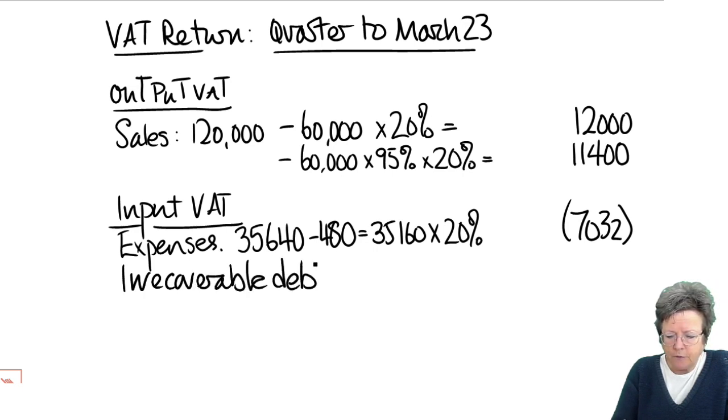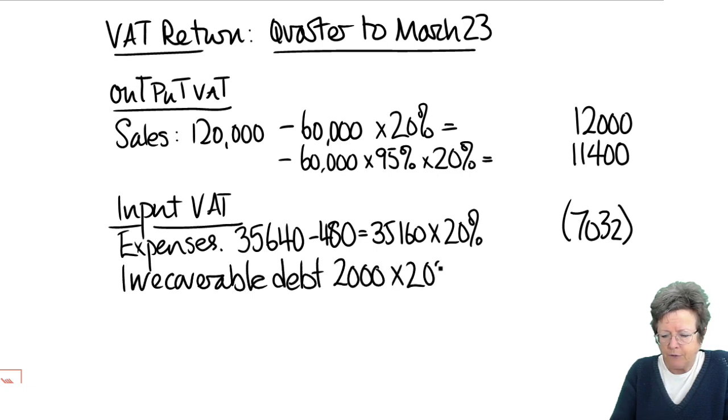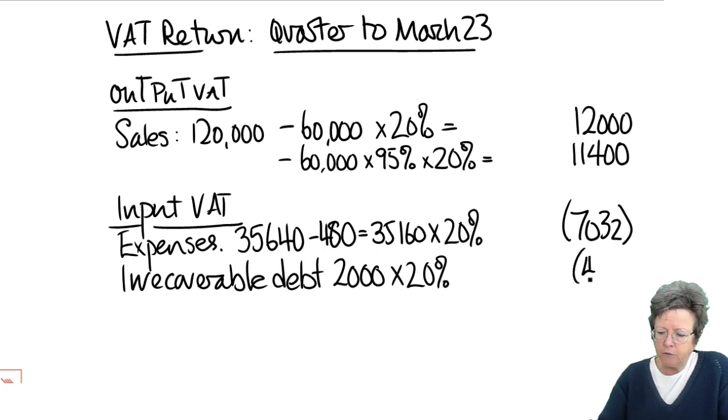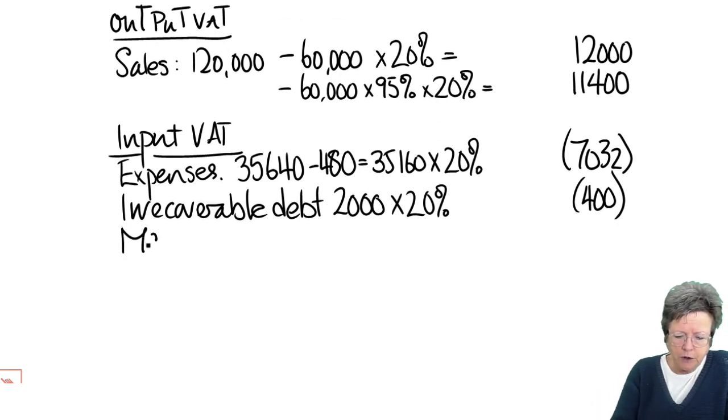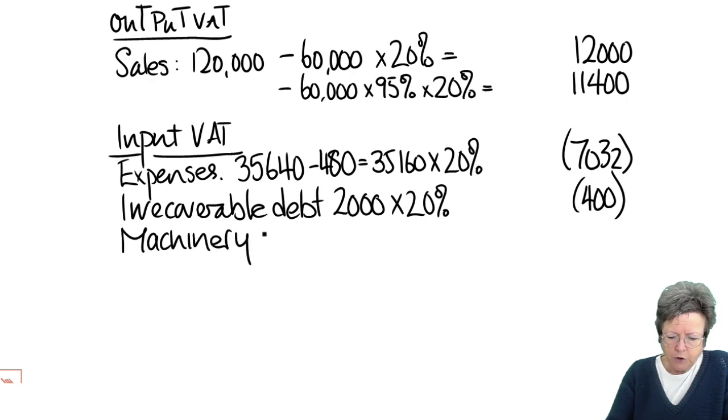that was allowed, which means we can have the VAT back on that we've already paid over to the revenue. And then we bought some machinery which cost us 21,150.